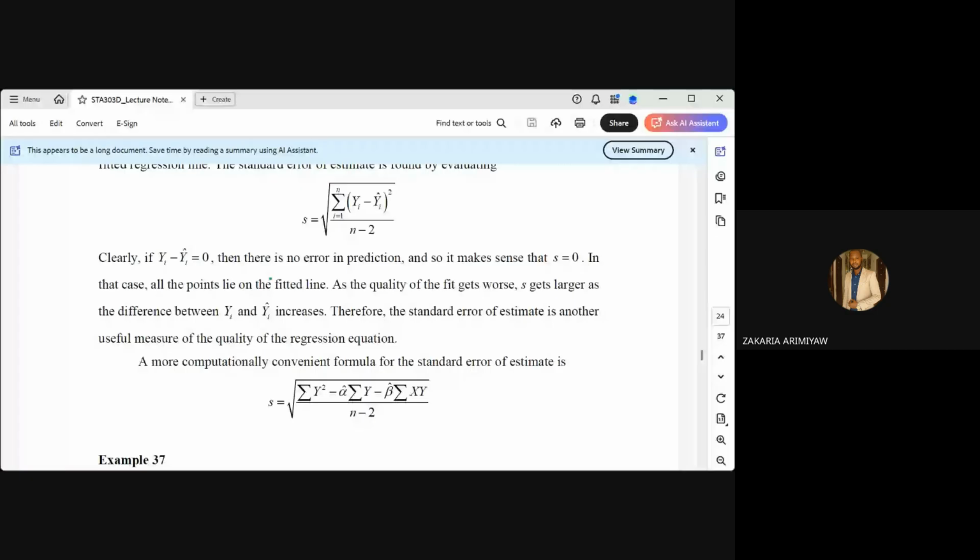Example 34 is where we're looking at the relationship between plant height and day. In this example, remember, through the residual analysis, we determined that the regression equation provides a good fit. That was the conclusion we reached. Now we want to measure the standard error of estimate, how close the values are to the line of best fit.